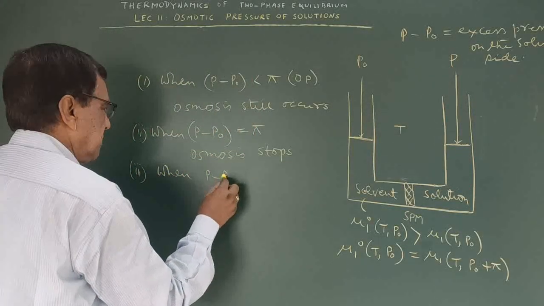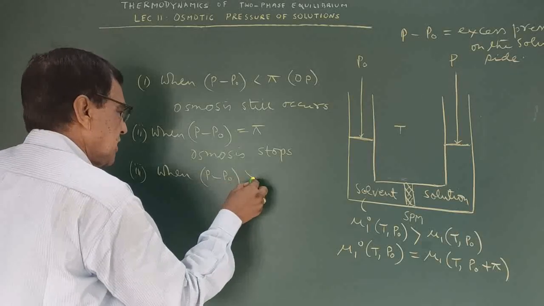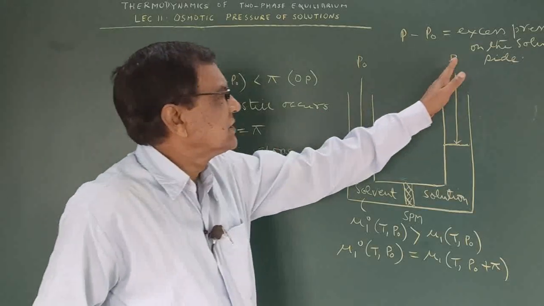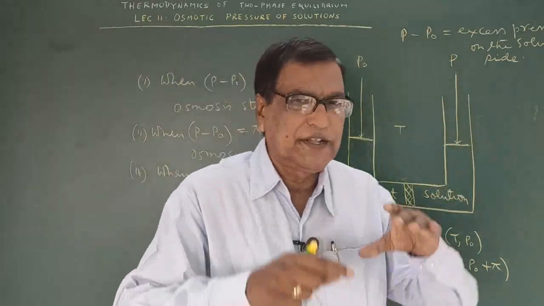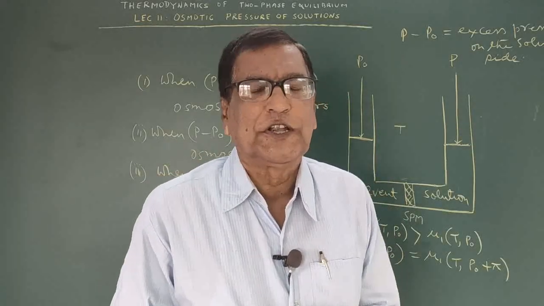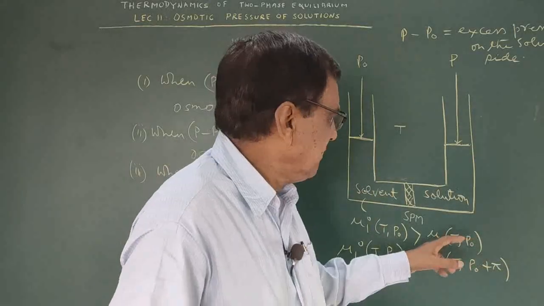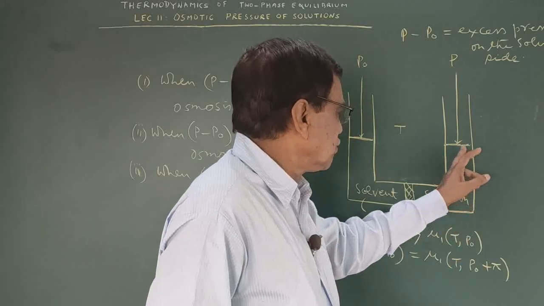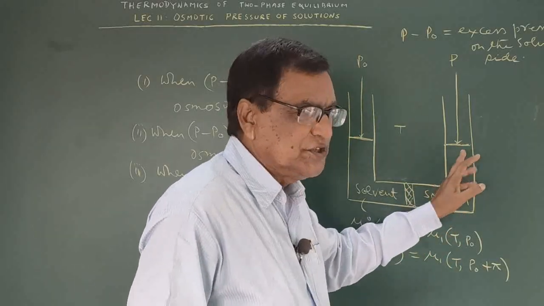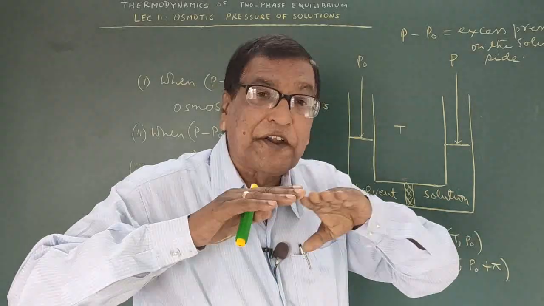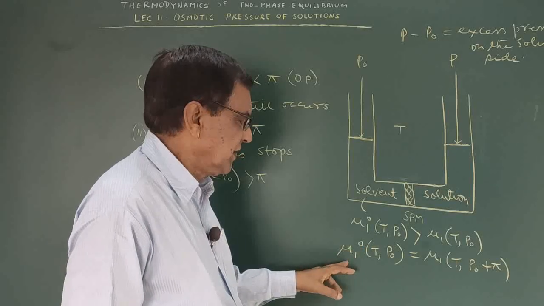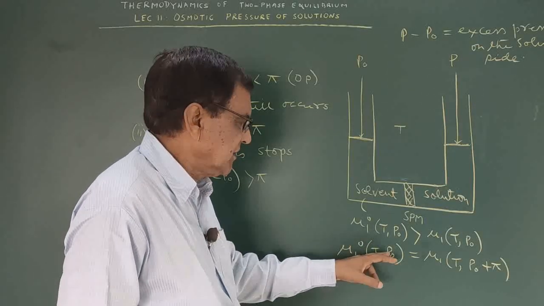When P minus P naught is greater than pi, meaning the excess pressure on the solution side is greater than the osmotic pressure, then the chemical potential of the solvent on the solution side becomes greater than the chemical potential of the pure solvent at temperature T and P naught.